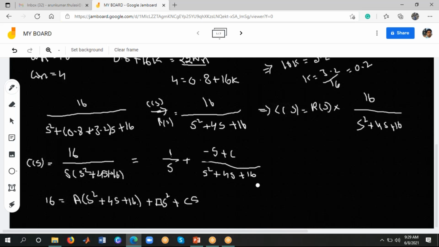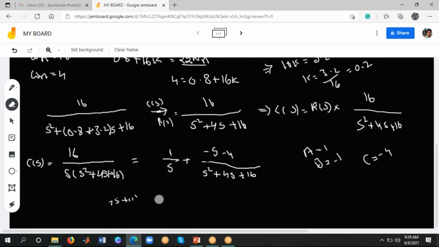What about C? C is equal to minus 4. So here we got A is equal to 1, B is equal to minus 1, C is equal to minus 4. So these are the three parameters we obtained here. Now, if you simplify this, what you will get? Let me see here. I am going to write it on top.